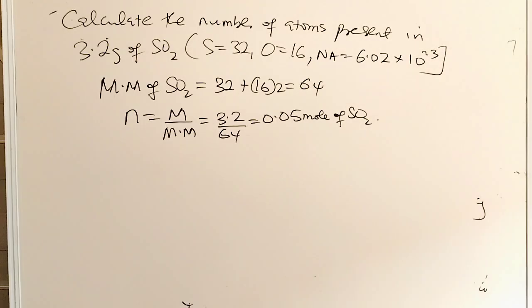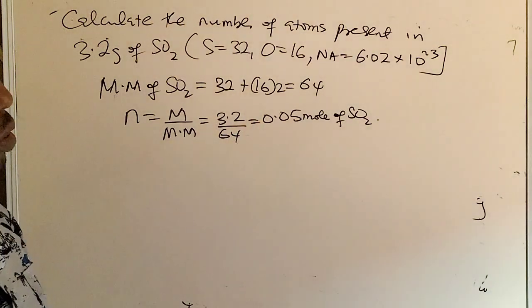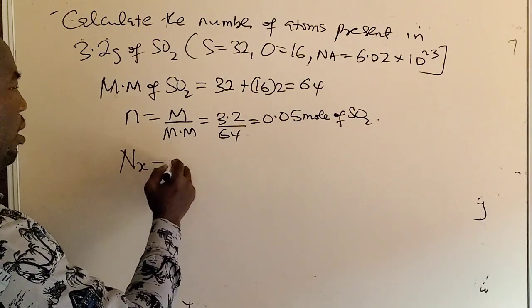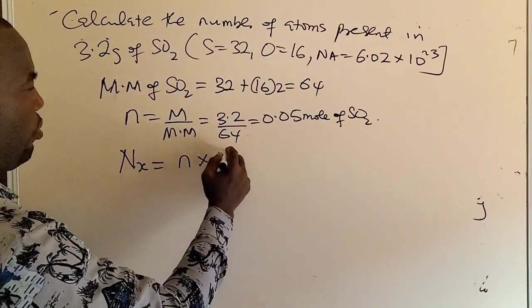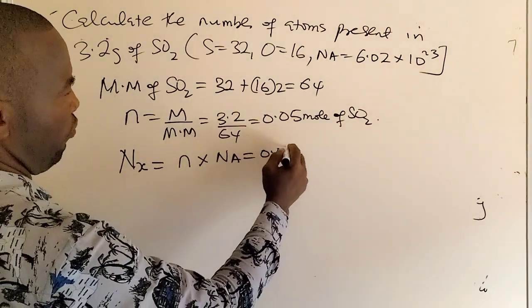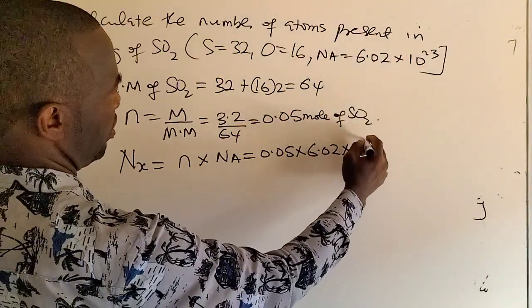Next we'll find the number of molecules of SO2 in this 0.05 mole. The number of molecules, which can be tagged as N, is given by number of moles times Avogadro's constant. That becomes 0.05 times 6.02 times 10 to the power 23.